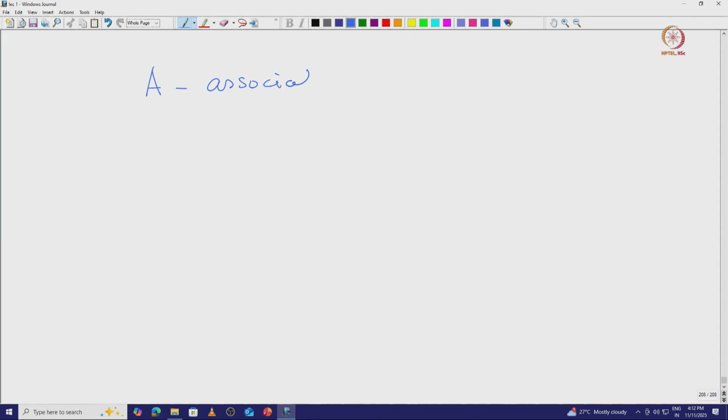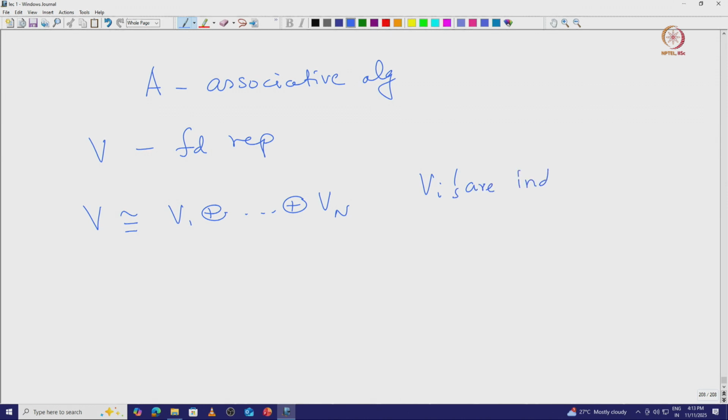If you start with an associative algebra A, and V is a finite dimensional representation, we already proved that V is isomorphic to a direct sum of indecomposable representations V1 through Vn, all of which are indecomposable representations of A. Now, as before, we can ask a similar uniqueness question: whether the components Vi's are unique up to reordering and isomorphisms.